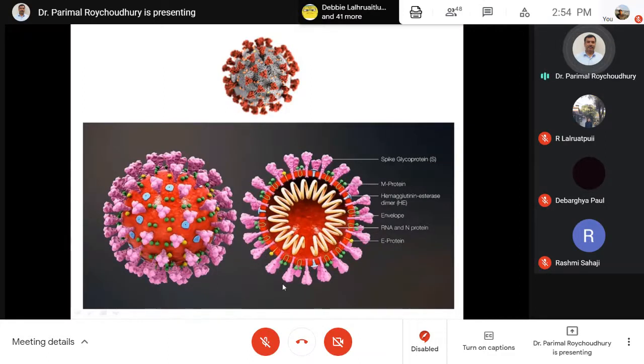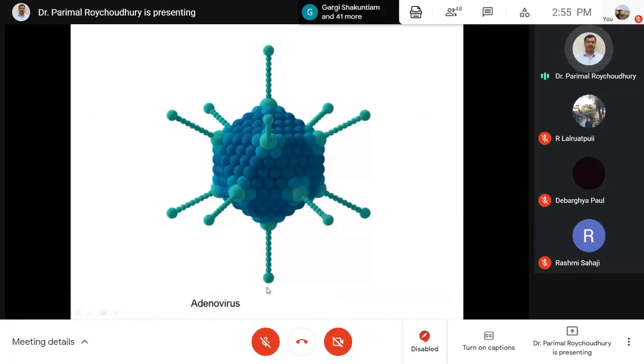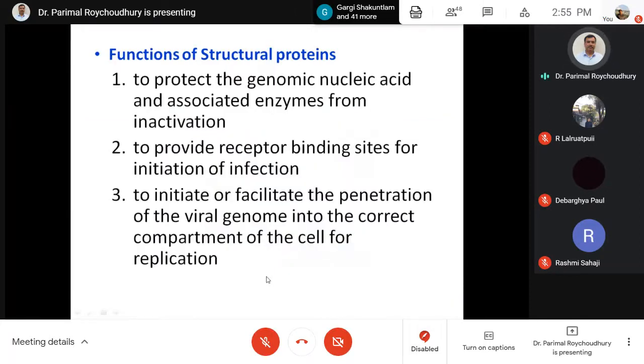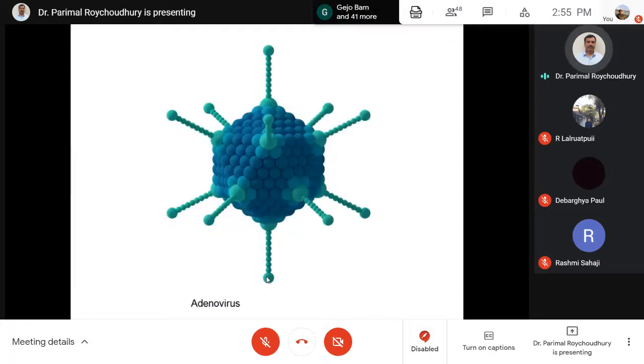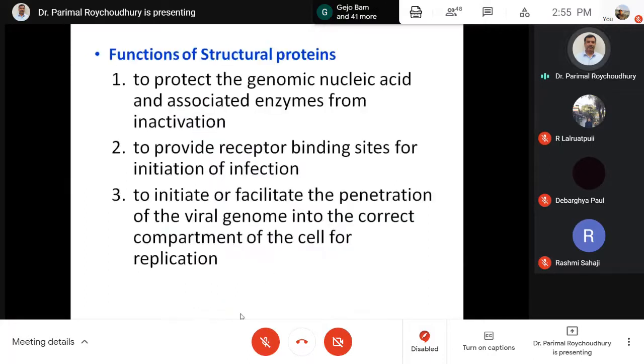So the enveloped viruses are more susceptible towards detergents and alcohol-based sanitizer in comparison to the adenoviruses. This is quite stable against this effect. Okay. So the structural protein basically protects the internal genomes of the virus.